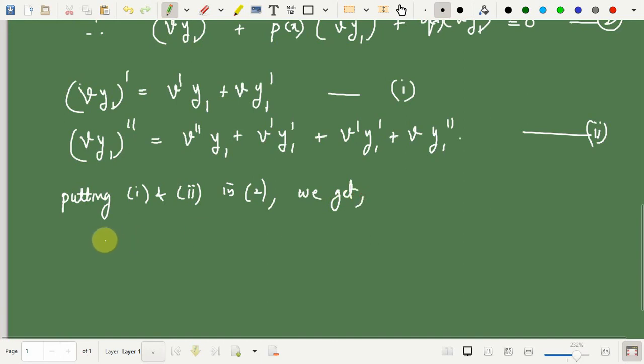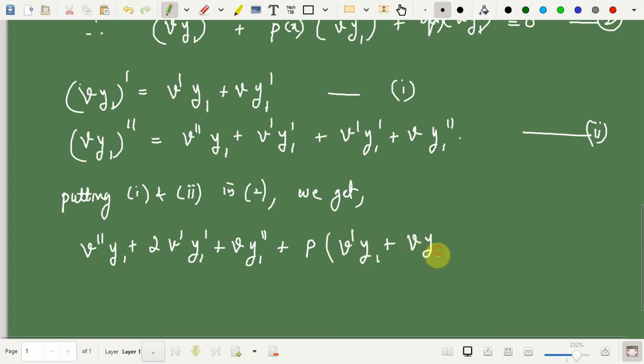First one, we have a second derivative, so I'll write down over here v double prime y1 plus 2 into v prime y1 prime plus v y1 double prime, plus p into, I would call this simply p for my convenience, v y1 prime, so that is v prime y1 plus v into y1 prime, plus q into v y1 is equal to 0.